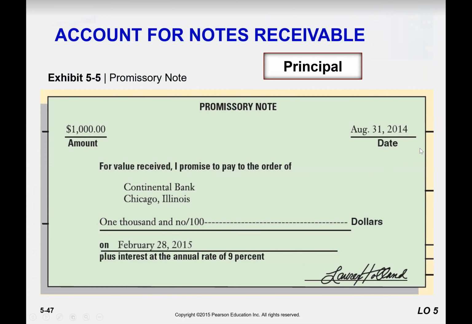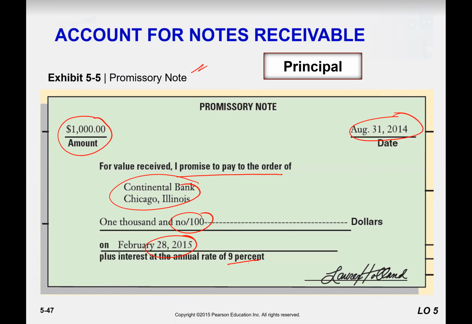So this is the typical example of a promissory note or notes receivable. This is the amount of principal written here. This is the issuance date, 31st 2014. I promise to pay to the order of this bank 1,000 and number of $100 on February 28, 15, plus interest at an annual 9%.